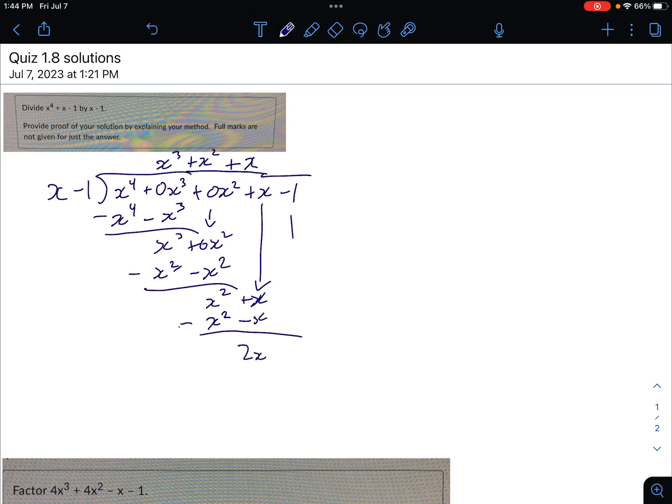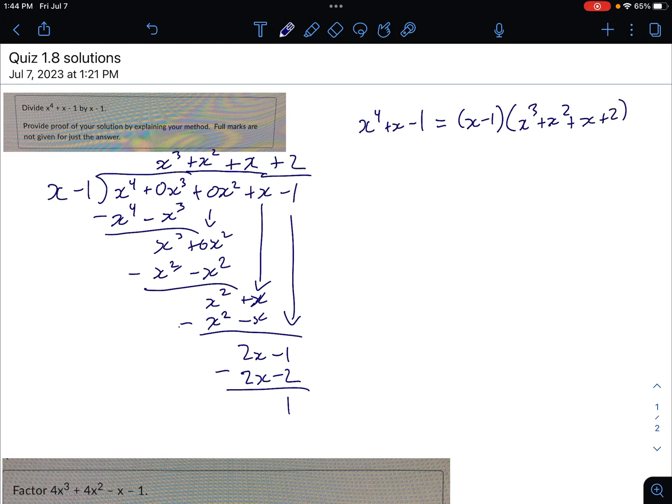When you subtract those, you get 2x minus 1. And to get this, we do times 2. So you get 2x minus 2. When we subtract those, you get 1 remainder. So really, this is x^4 plus x minus 1 is equal to x minus 1 times x cubed plus x squared plus x plus 2, plus 1.